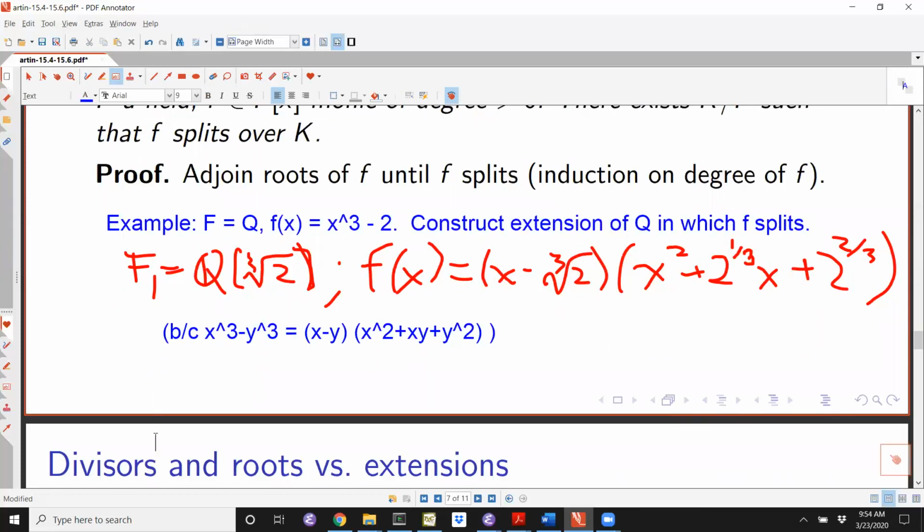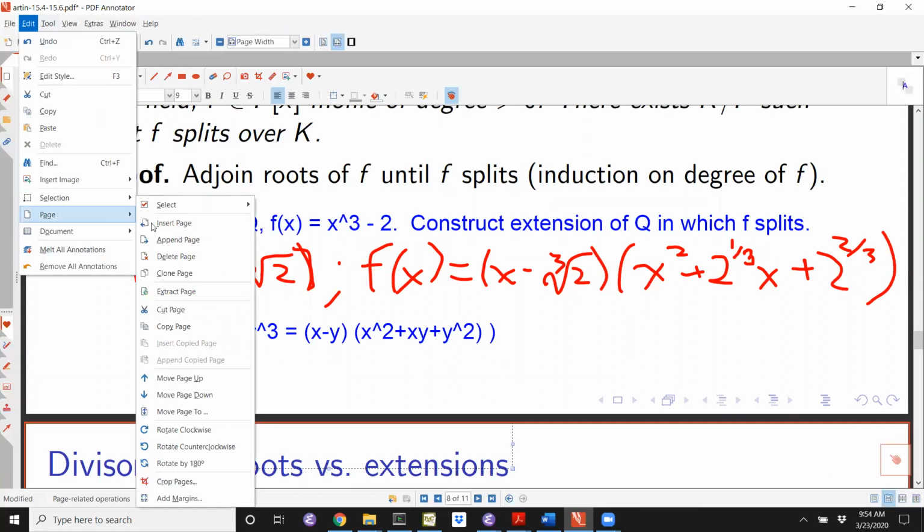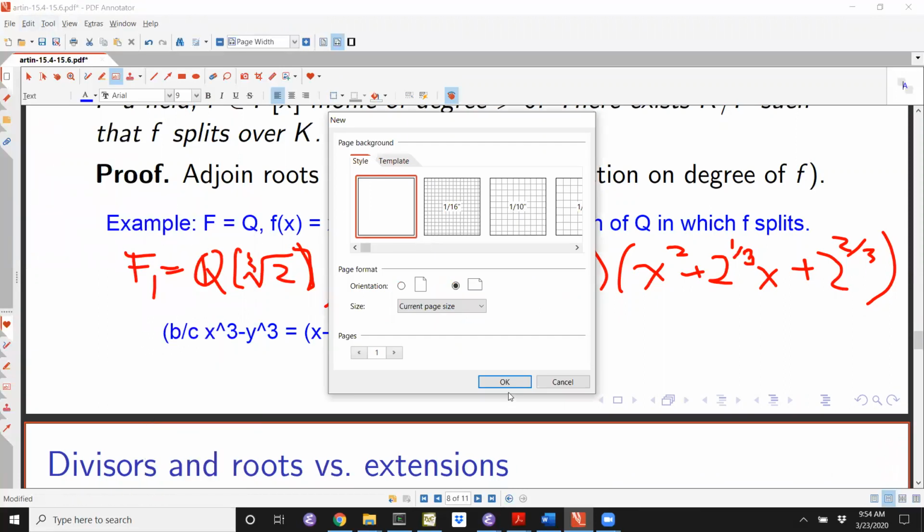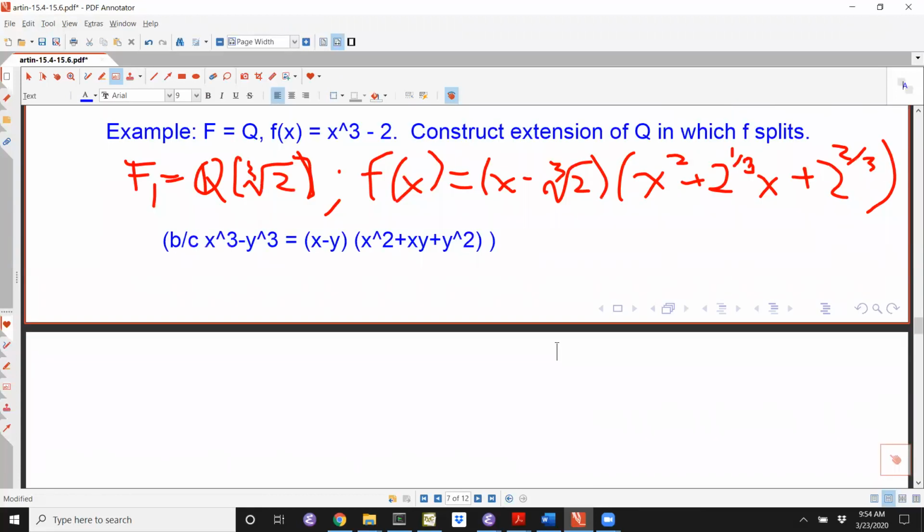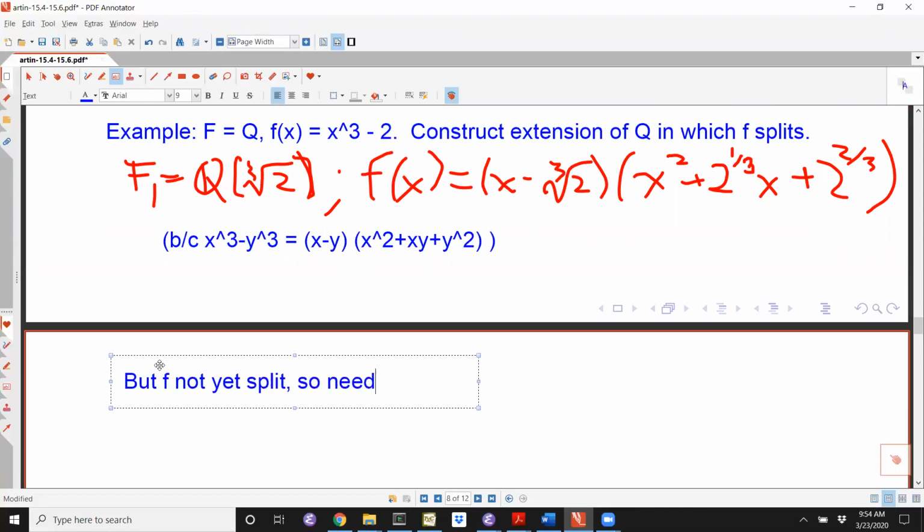And now I guess I should add a new page here. All right, so the problem is that f is not yet split, so we need more stuff.